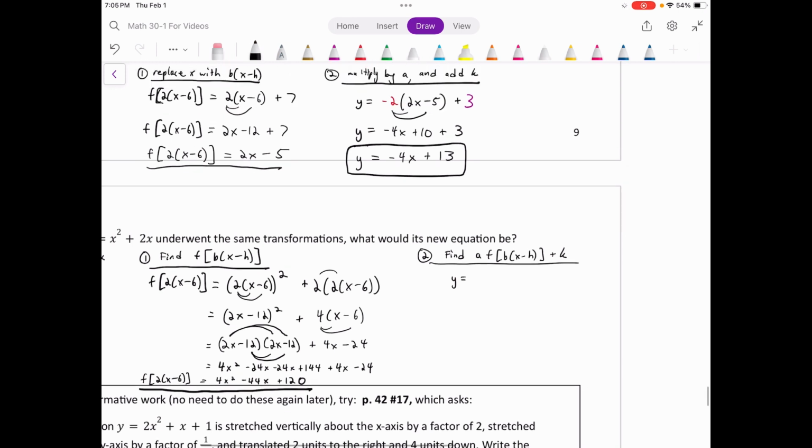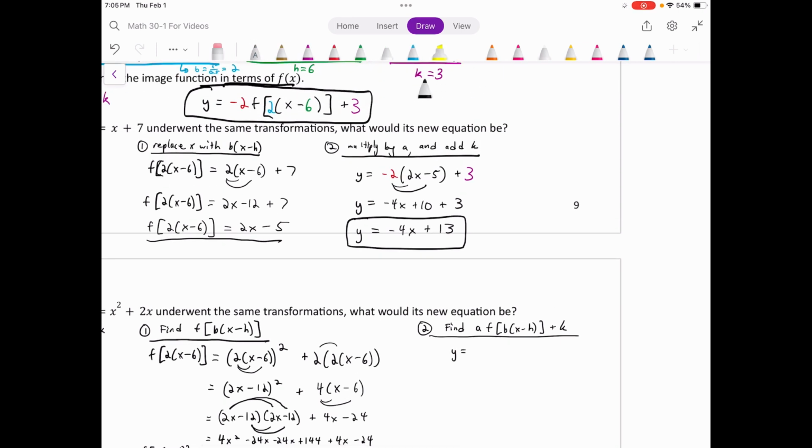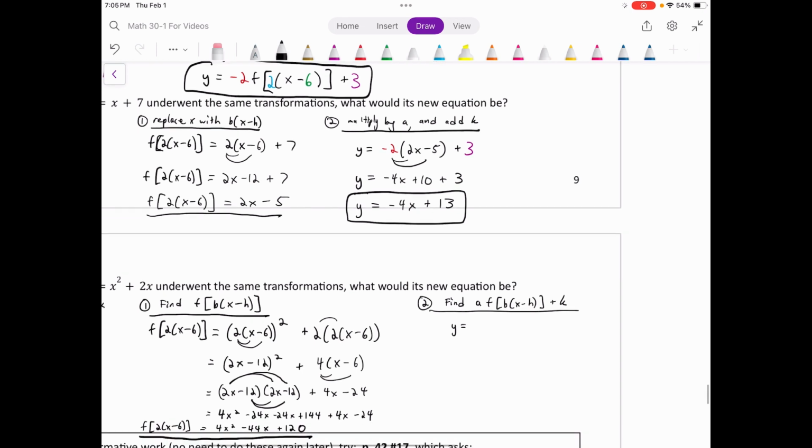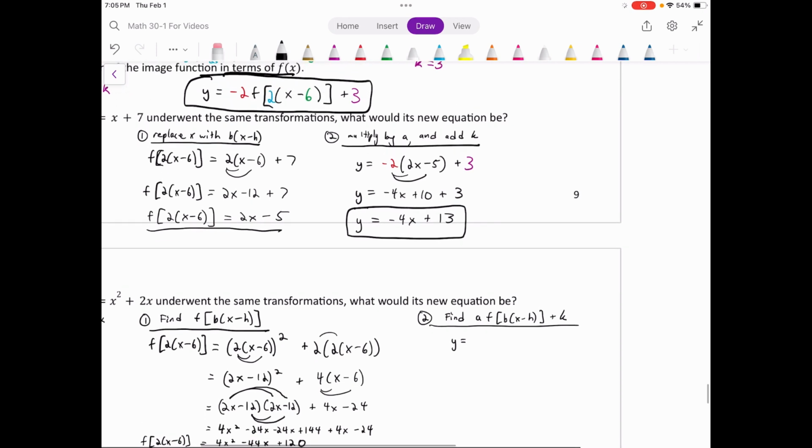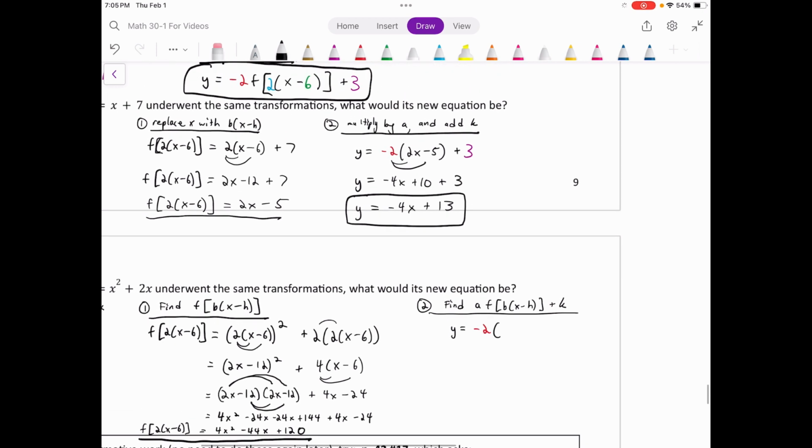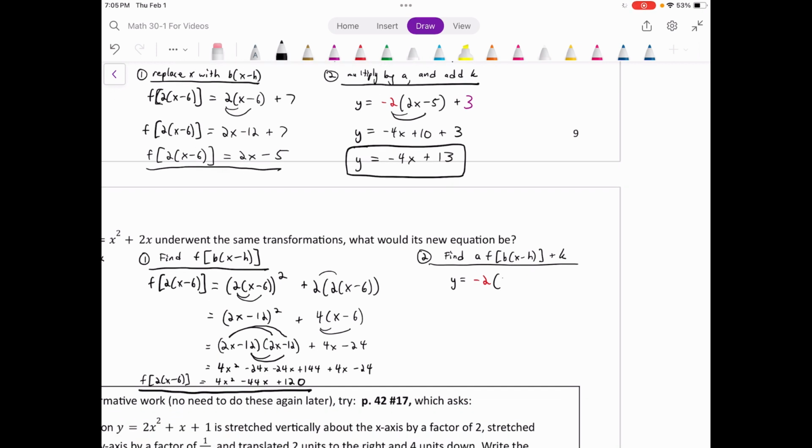A times f of 2x minus 6, according to the instructions given by our function notation. So I need to do negative 2 times what we just found, f of 2x minus 6, which happened to be 4x squared minus 44x plus 120.